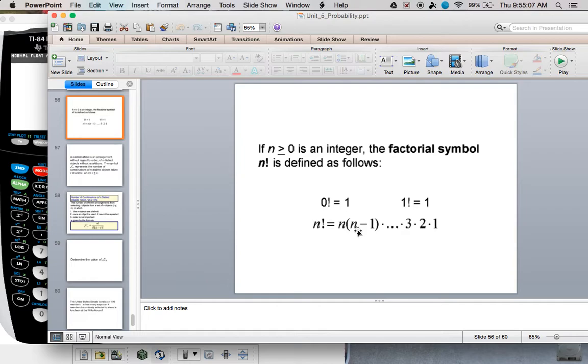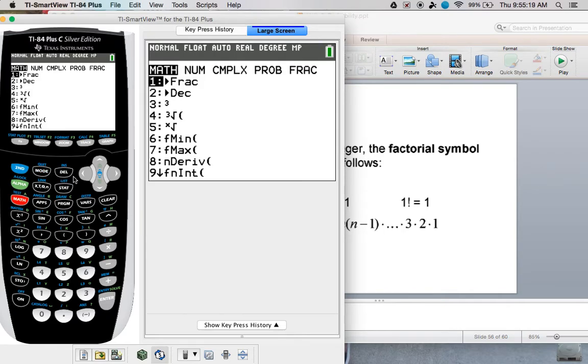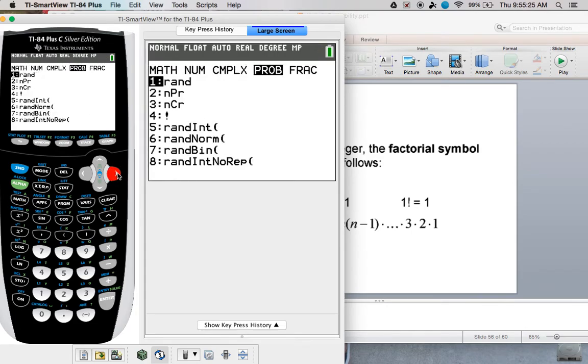Well, how do you find all this? Yes, it's nice to know how to do it by hand, and that's how you do it. However, on the calculator, if you go to math, there are tabs up top. If you scroll over to probability, this is where we're going to use NPR, NCR, and factorial.